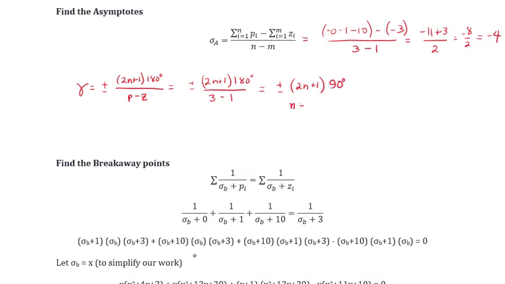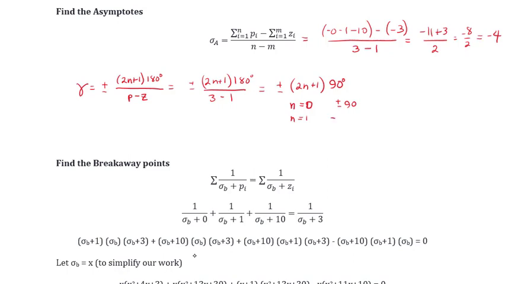So for n equals 0, that's going to be plus or minus 2 times 0 plus 1 times 90. So that's going to be plus or minus 90, just like that. If n equals 1, that's going to be 2 times 1 plus 1, so that's going to be 3.